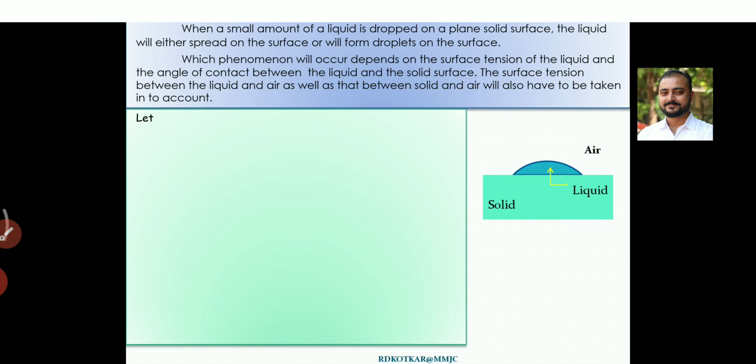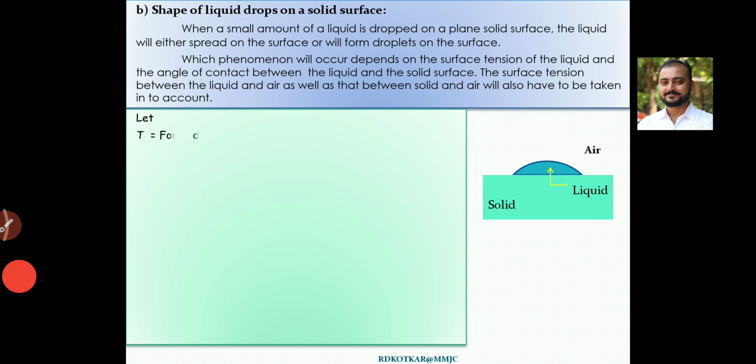Now the medium about it should be the air, meaning all these three mediums exist in this case: solid, liquid as well as air. Then we consider T1 to be the force due to the surface tension at the liquid-solid interface. You observe the diagram carefully, in which solid and liquid surfaces are kept in contact.